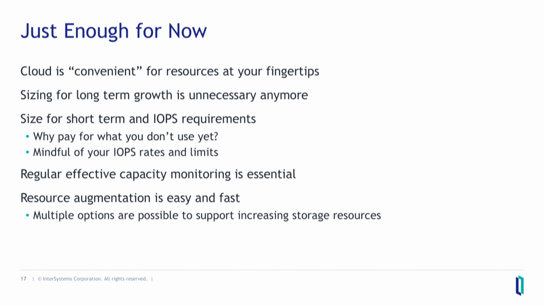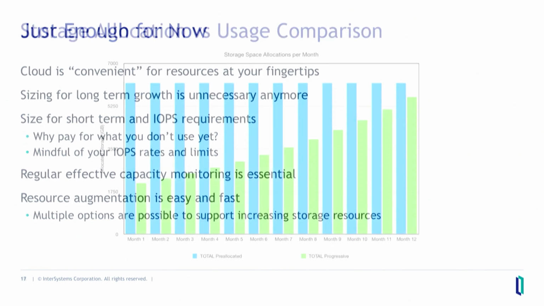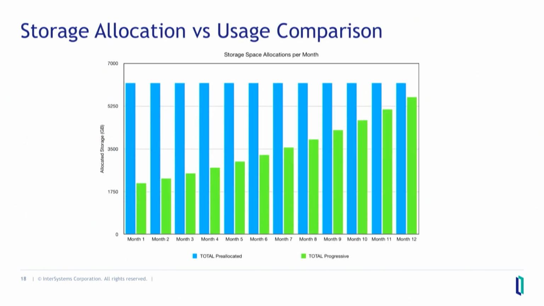But yes, to your point, you can create smaller disks and use LVM striping to maximize I/O but keep your cost down. So just using a typical example here of pre-buying your storage, a typical legacy approach, versus what you would do dynamically based on your actual usage.